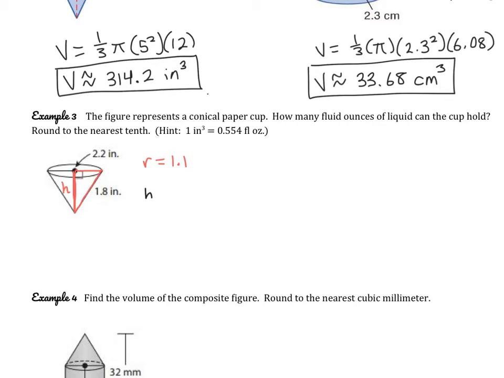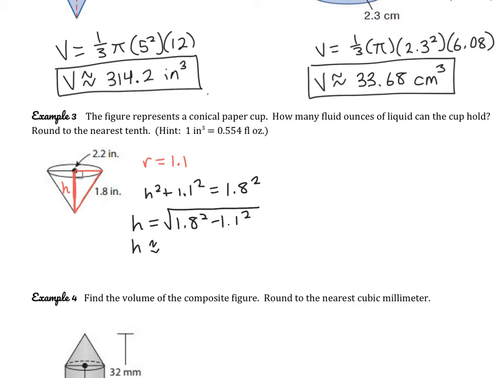So we can say h squared plus 1.1 squared. So remember, we're only using the radius for our triangle, equals 1.8 squared. So h is going to be the positive square root of 1.8 squared minus 1.1 squared.